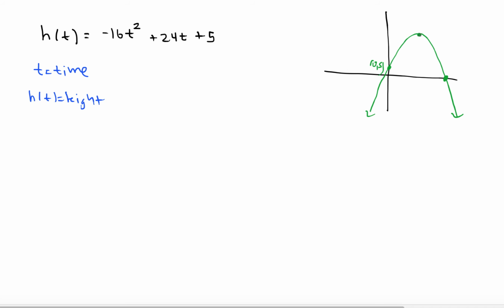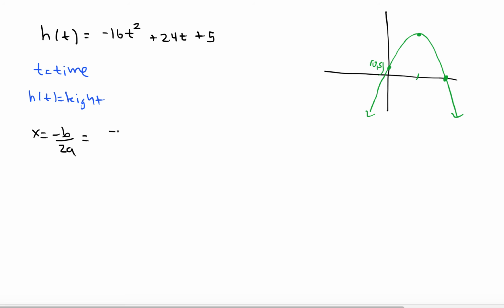So how are we going to find this coordinate, right? Remember, the x coordinate, or in this case, the horizontal axis is time, and then the y value, or the vertical coordinate, would represent the height. So we can still use this value of negative b over 2a. Now, we're really finding t, not x, but it's sort of the same thing here.